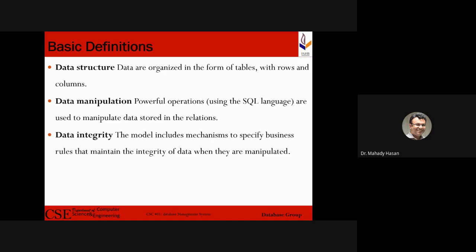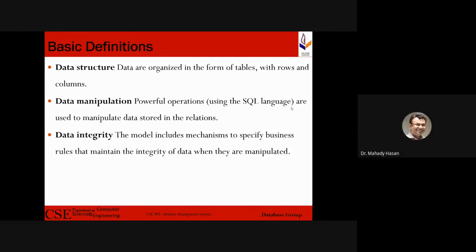Now tables have a number of rows and a number of columns. What do we call the rows? Rows of the tables are known as what? The entity? No, the table could be considered as an entity, but a single row, for example, student is a table, right?